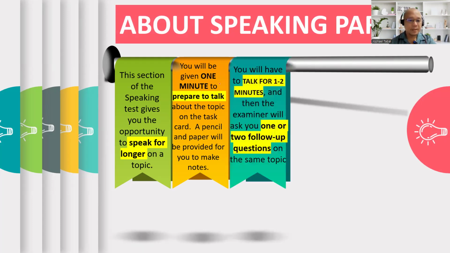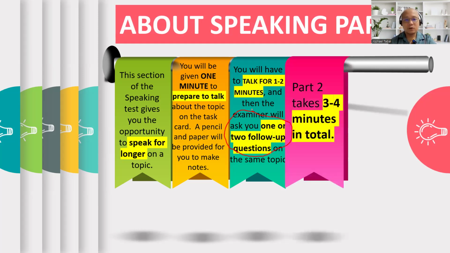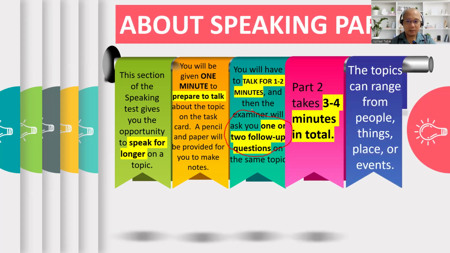Then after preparation time, he or she has to talk about this topic for 1 to 2 minutes. And after the candidate's talk, the examiner will ask him or her one or two follow-up questions. The total time for this part is roughly 3 to 4 minutes.